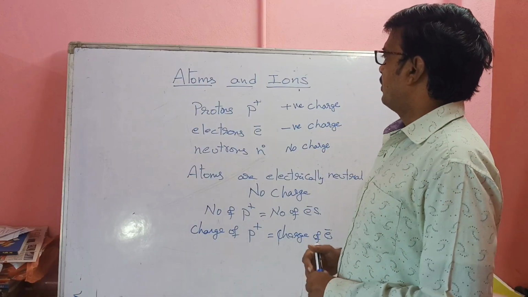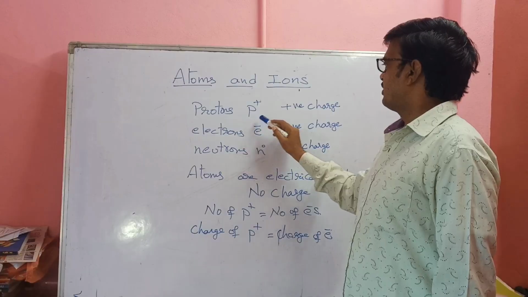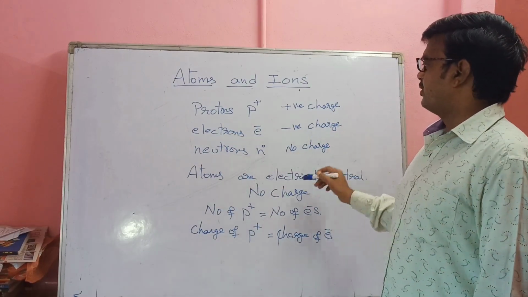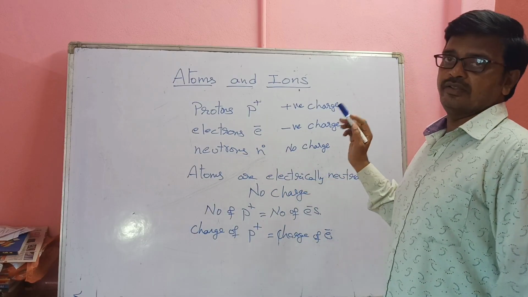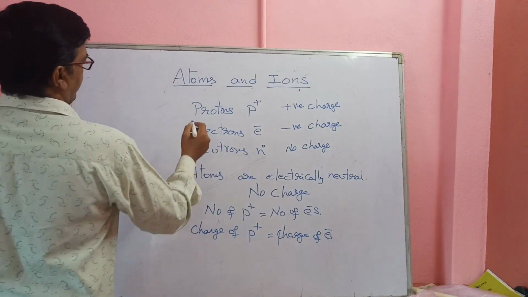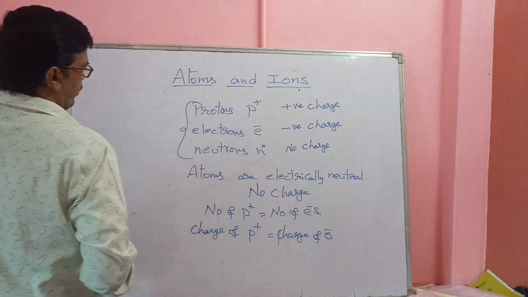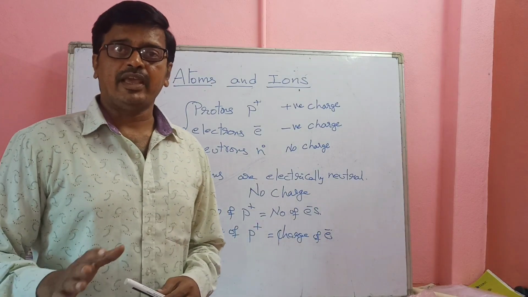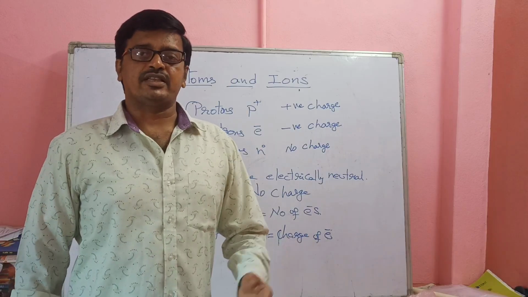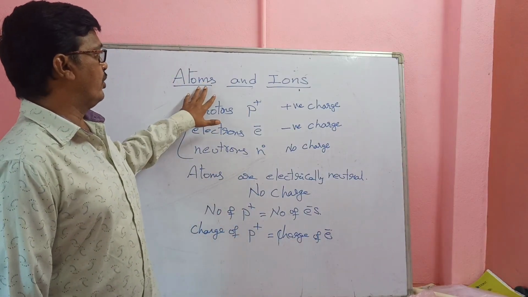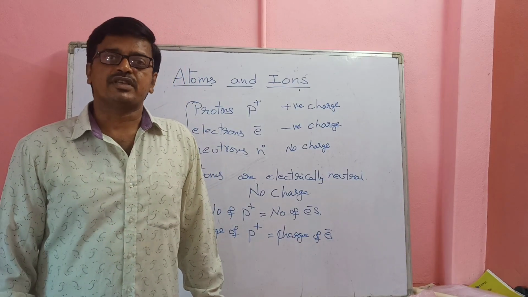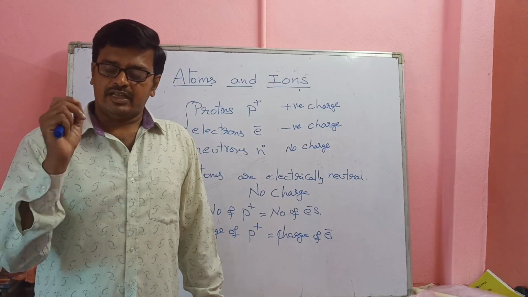Every atom contains protons, which have positive charge, electrons, which have negative charge, and neutrons, which have no charge. These three are called subatomic particles. In olden days, when Dalton proposed his postulates of atomic theory, he said that atoms are indivisible particles, the smallest particle.